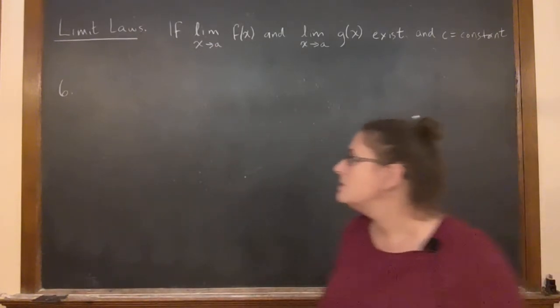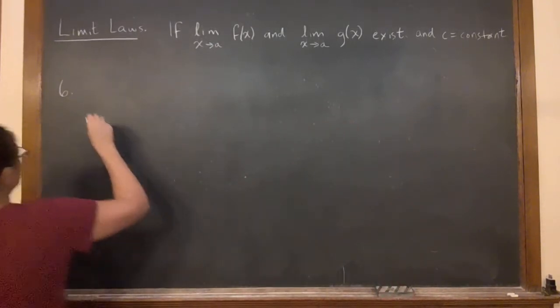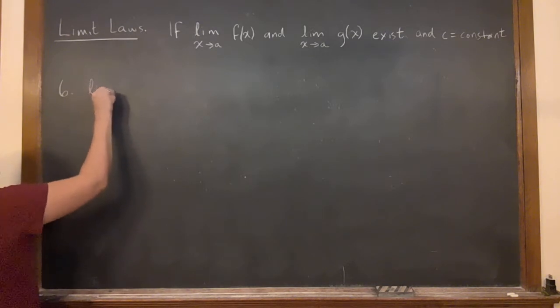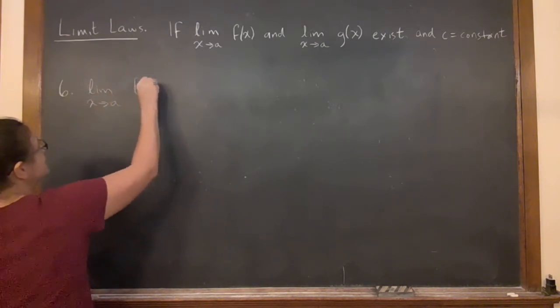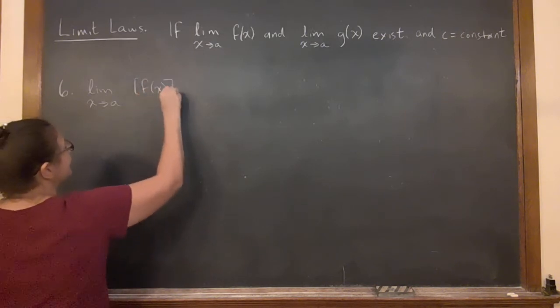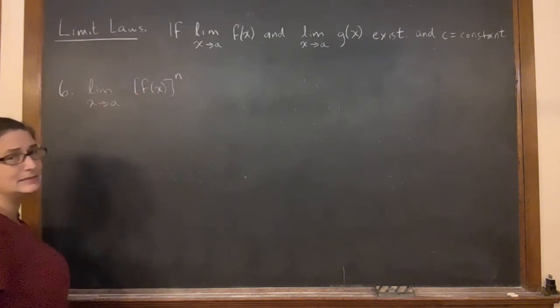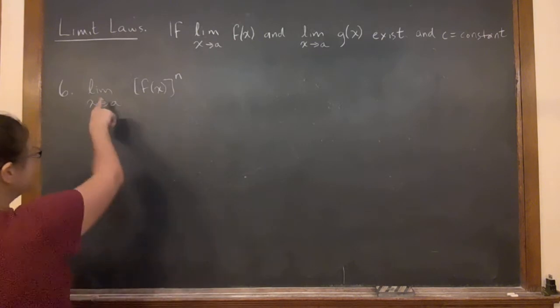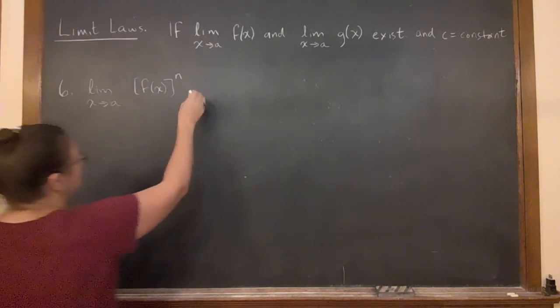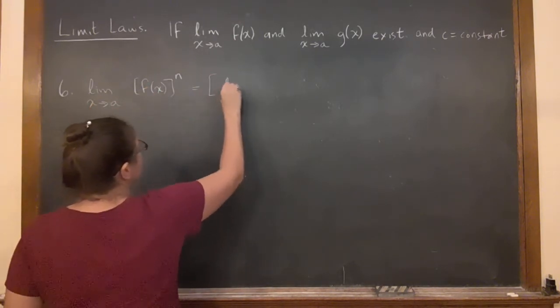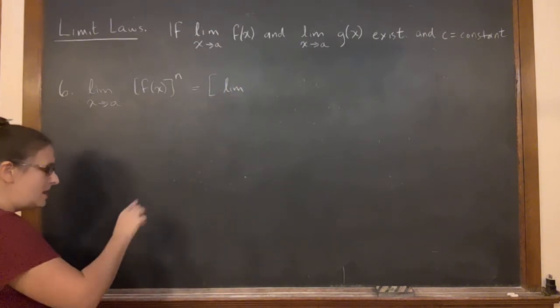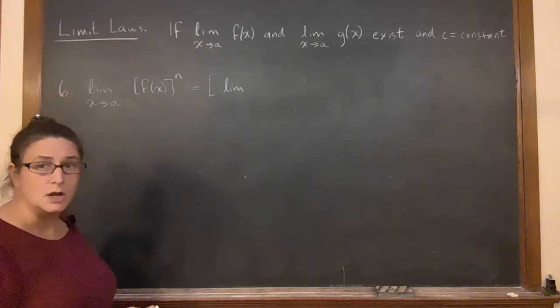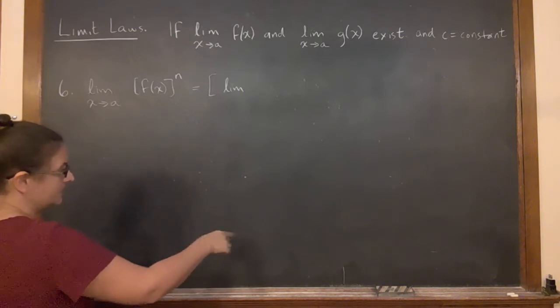So law 6 here is this. If I take f of x and multiply it by itself n times and then take the limit, I can basically pull the limit underneath here. And this is easy to prove with the law that I just erased down here, because if I'm multiplying 2 functions, then it's the limit of the 2.